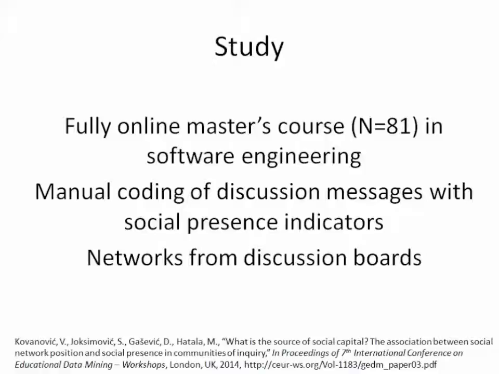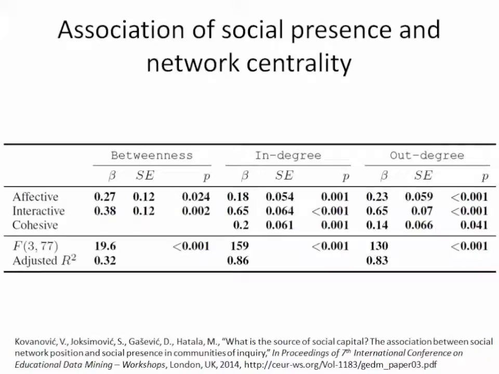Secondly, they also used online discussion boards to extract social networks by following reply relationships that emerged from students' interactions. The regression analysis reported in the study, not surprisingly, explained the high level of the variability in the degree centrality measures, from 83 to 86%, by means of the social presence dimensions.